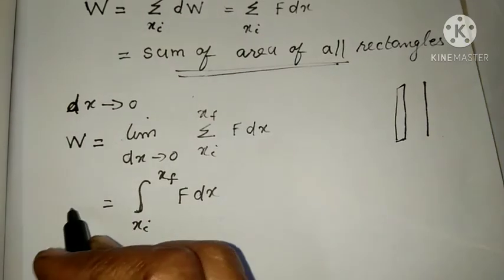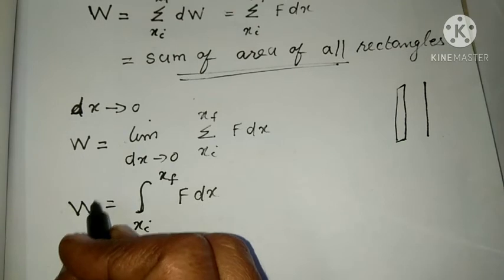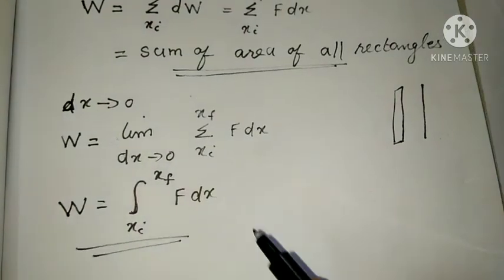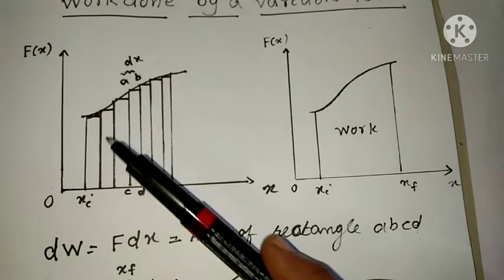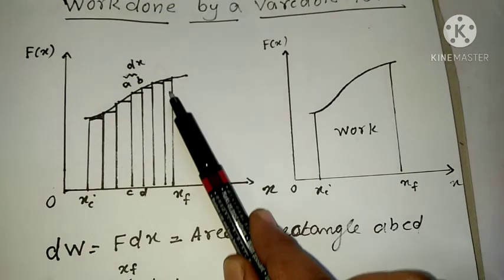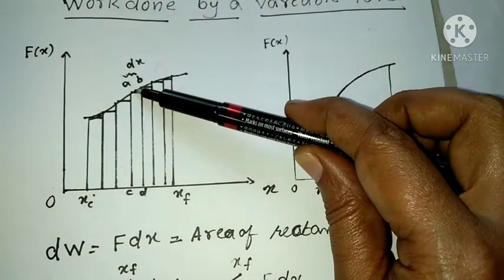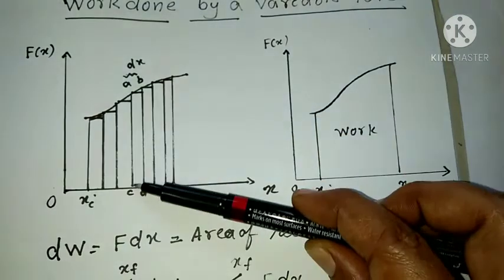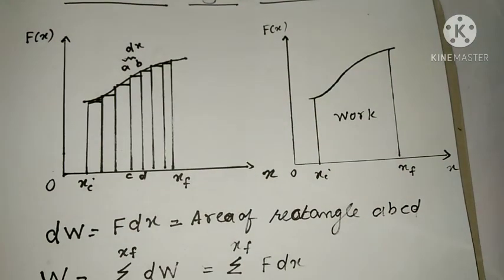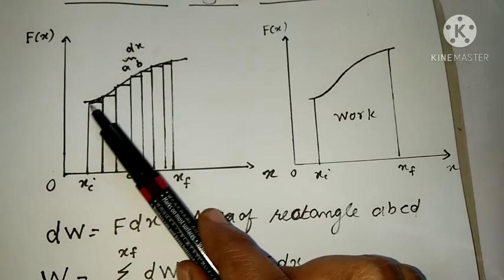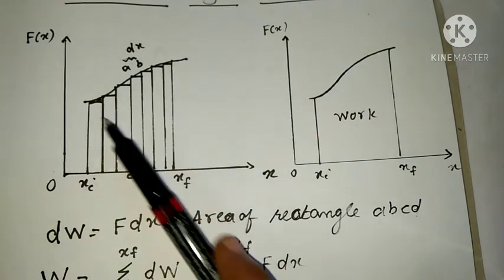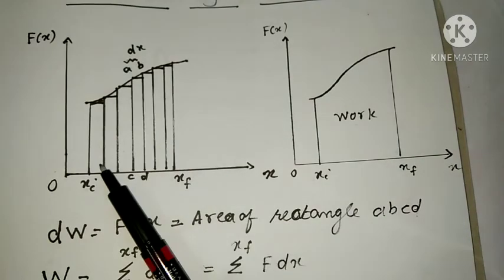So this work done, integral xi to xf of f dx, is equal to what? It is equal to the area under this curve. So here dW is equal to the area under this small strip dx. So the total work done, integral xi to xf of f dx, means the area under this whole curve, isn't it?